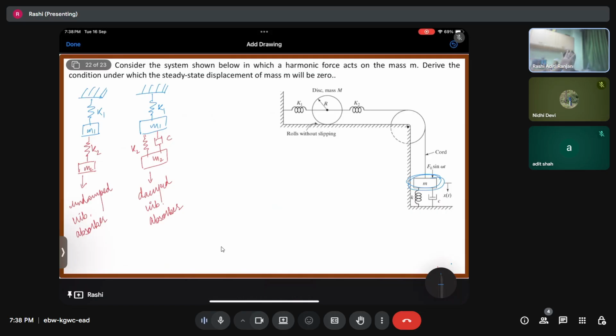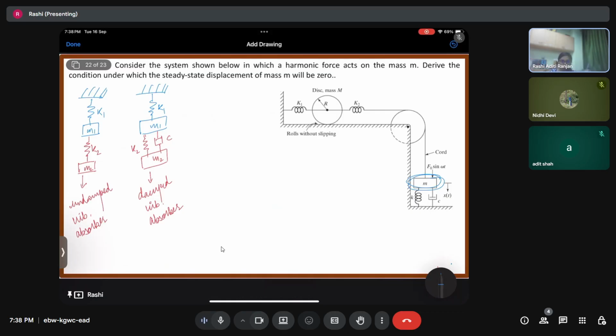Though the forcing is happening on this mass only, we want it to be equal to zero. This mass is attached through a pulley to a disc of mass capital M, which is rolling without slipping on the floor.